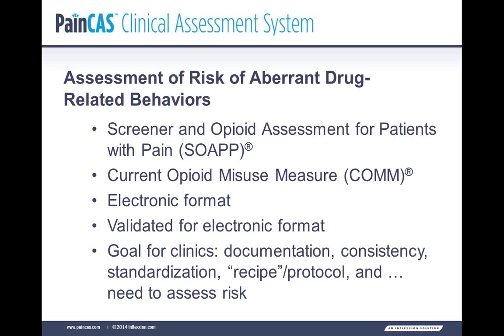So we developed electronic versions of these tools, and we validated electronic versions of these tools. Our goals for developing them from the clinic perspective were to make it easier to document, to make it more consistent to administer these tools to patients, to standardize the way patients are assessed when opioids are an appropriate component of therapy, and to help start to scratch at the surface, if you will, of the beginning of a recipe or protocol for assessing risk.